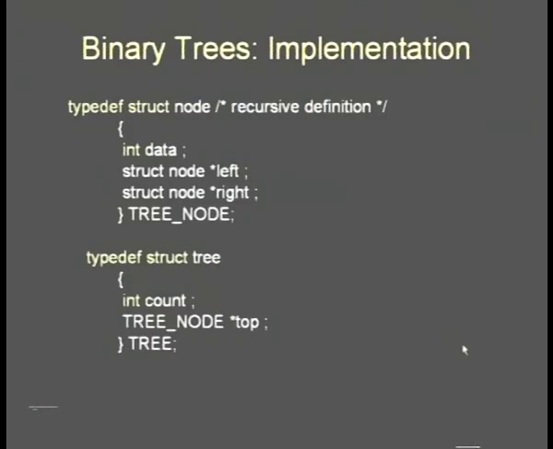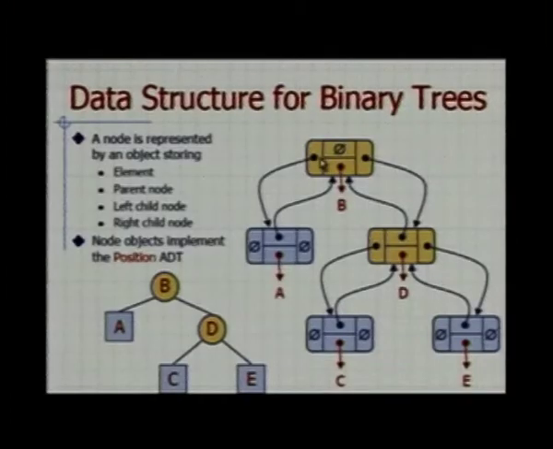This is the recursive definition of a node which we have already seen, that is a node of a tree, and this is the tree definition. A node is represented in some representations that we saw even before, which I did not tell at that point of time. You have a node consisting of 4 parts.